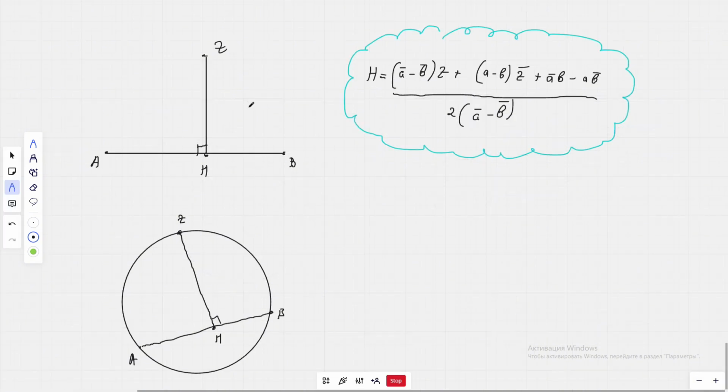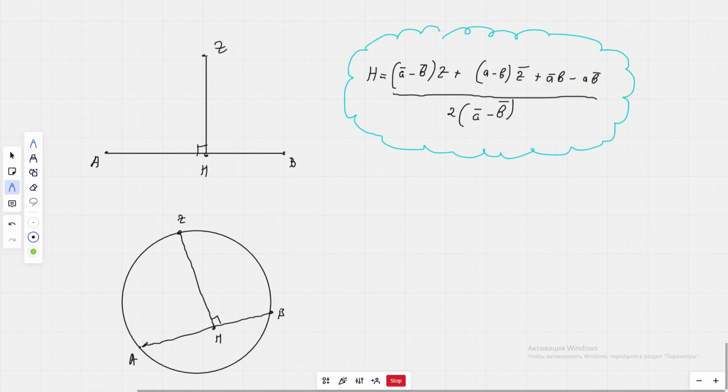Okay, so here's a new theorem. It says that the foot of the altitude from Z to the line AB is given by this formula. It may look really frightening, but actually here's a really nice refinement of it.